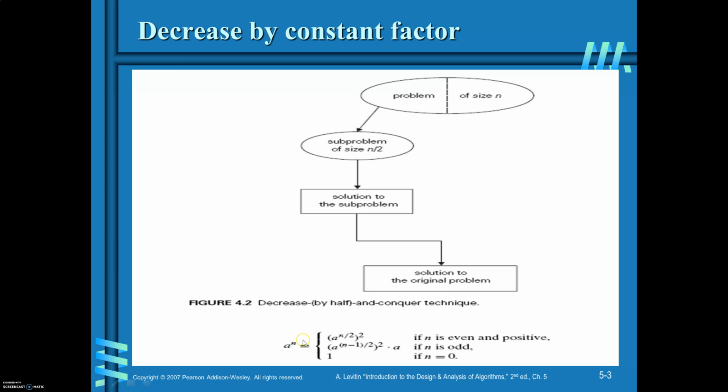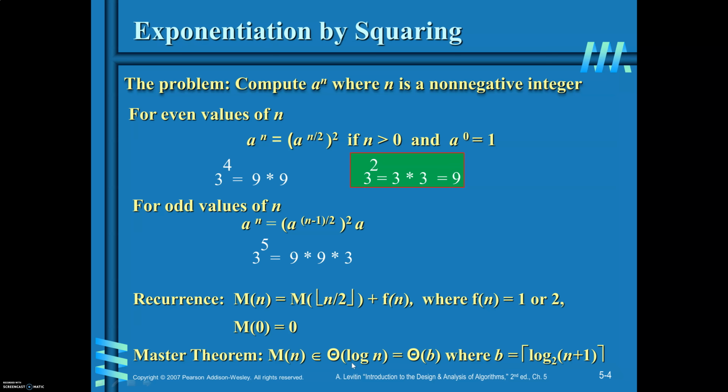Then you can easily find a power n by squaring this, when n is even and positive. When n is odd, if you already know a power (n minus 1) divided by 2, just square this and multiply by a, and that will give you a power n. As usual, the base condition is when n equals 0, a power 0 is 1.